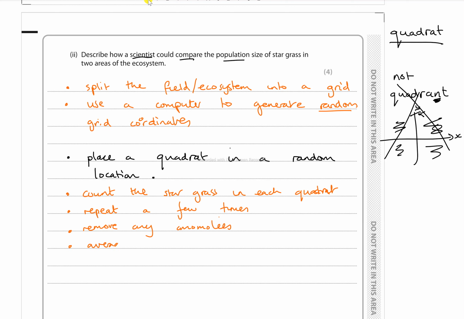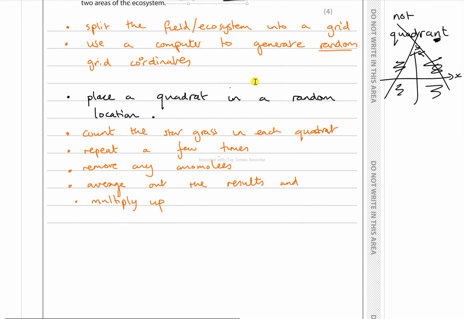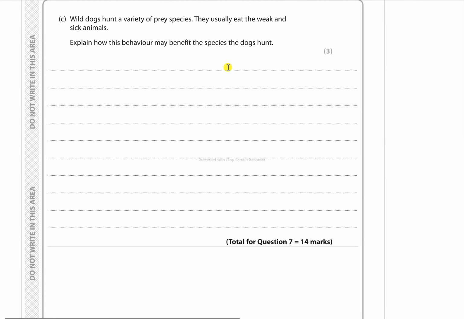Average out the results, and then multiply up, right? And then you can compare. Done. This is a standard question that comes up a lot, really a lot.